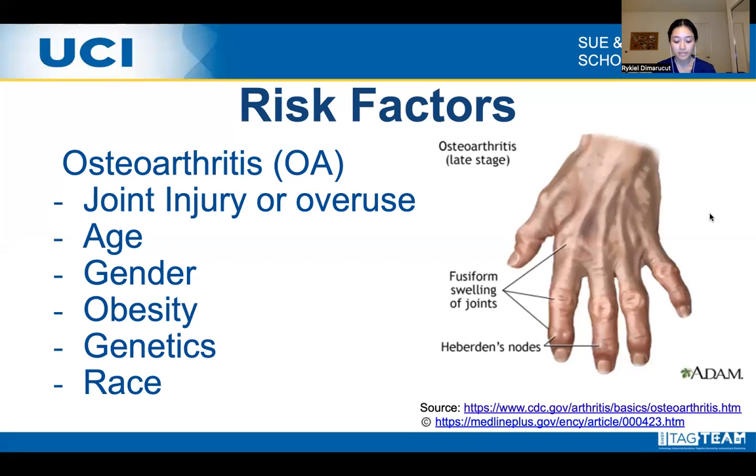Now we will be talking about risk factors first associated with OA, because it's the type that is known as wear and tear and associated with aging. Joint injury or overuse of the joints puts a person at risk for developing this condition. Women are also most likely to develop OA, especially after the age of 50. Other comorbidities such as obesity, in which extra weight puts stress on joints, can increase the risk.